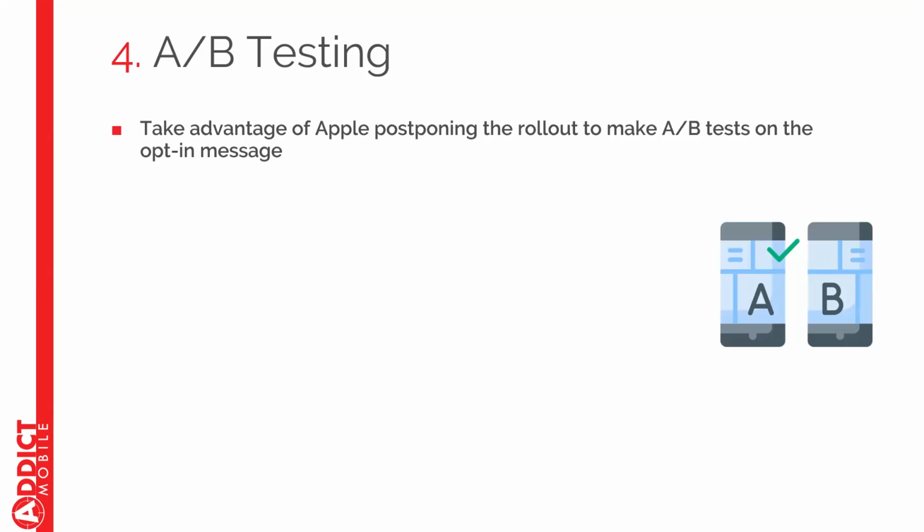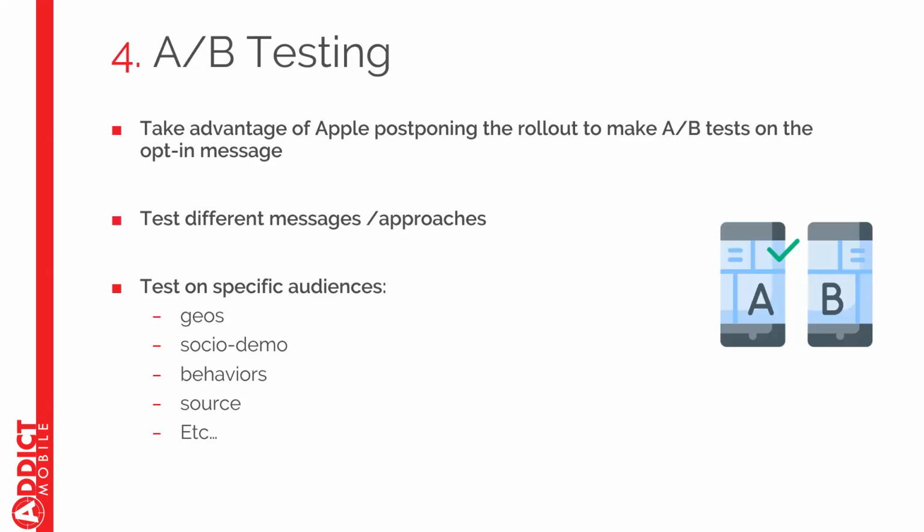And finally, the A/B testing. So it's very important to take advantage of Apple postponing the rollout of the App Tracking Transparency Framework to be able to make tests on the opt-in message and to maximize, obviously, the ratio you will get out of IDFA. Test different messages, test different approaches.